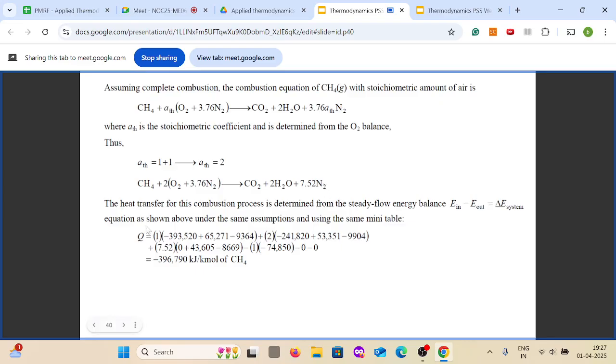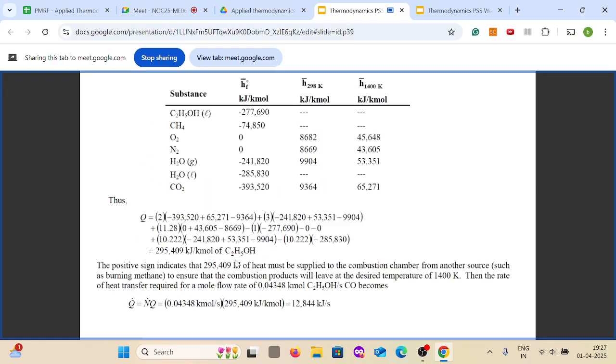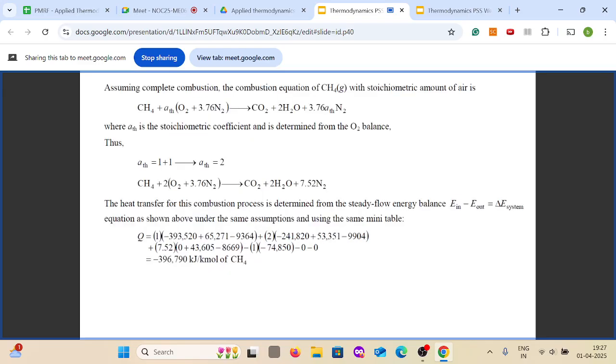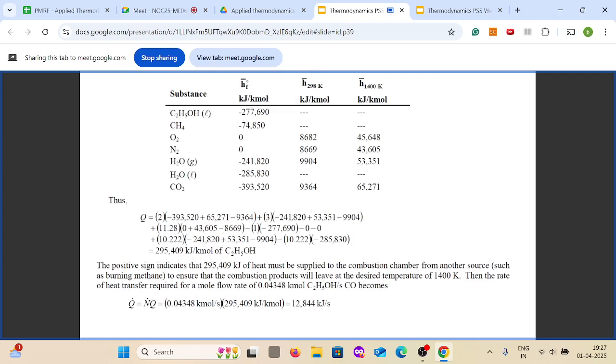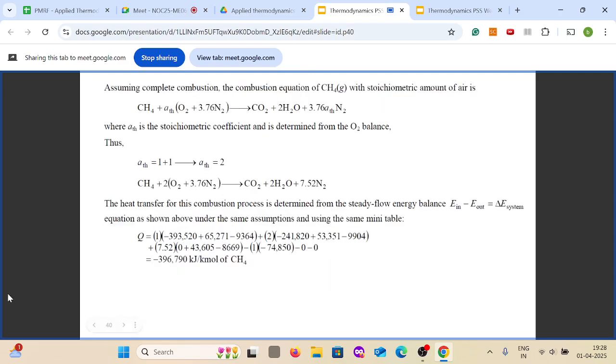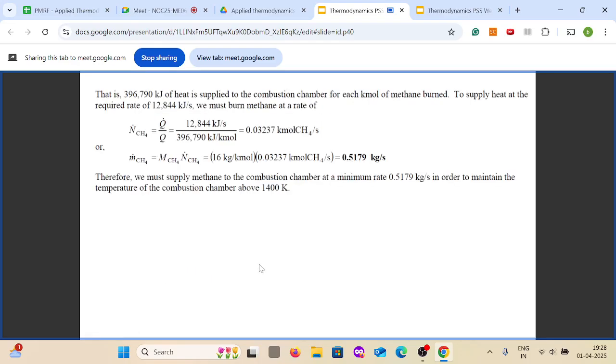Similarly, applying the first law, Q is again product minus reactant, with reactant coming in at 1400 Kelvin. So we get 3,96,790 kilojoule per kilomole of methane.